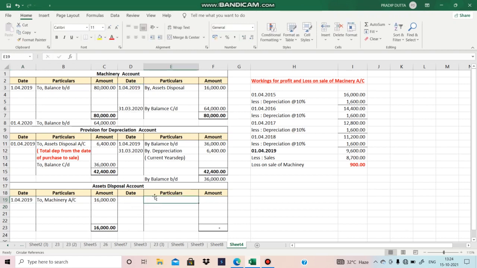Now here also the same date, we have to write by provision for depreciation account. It will come over here, 6,400.